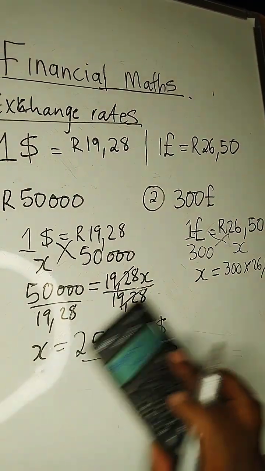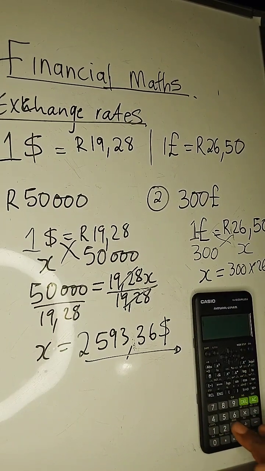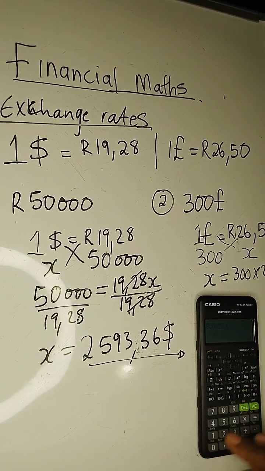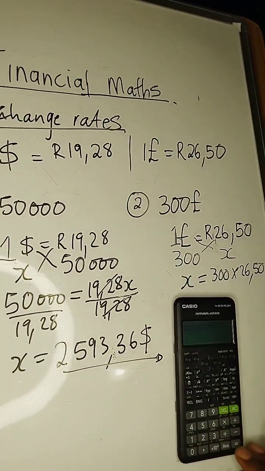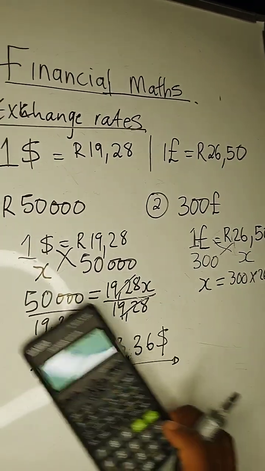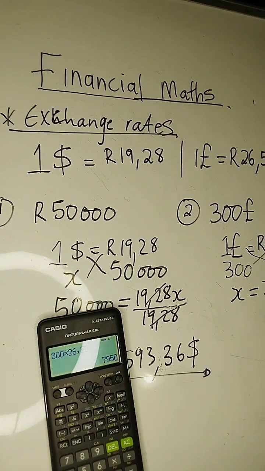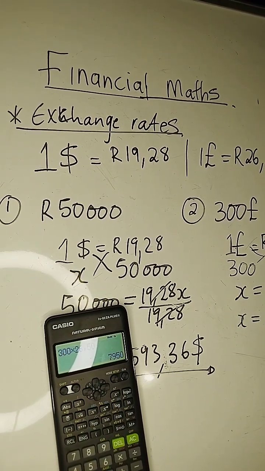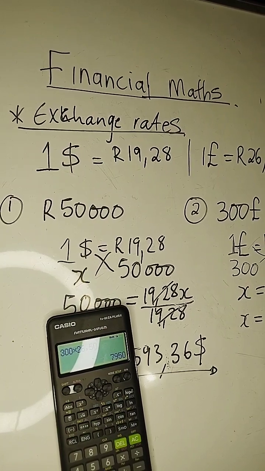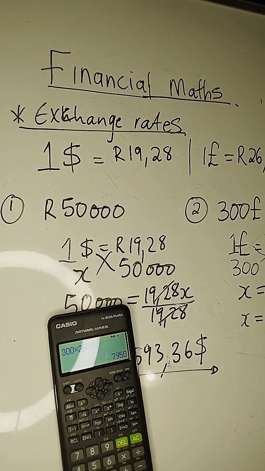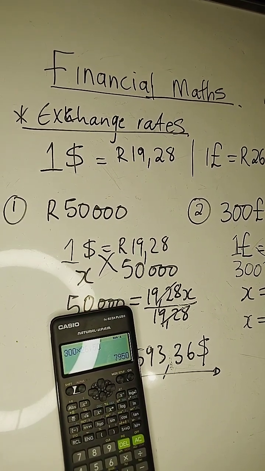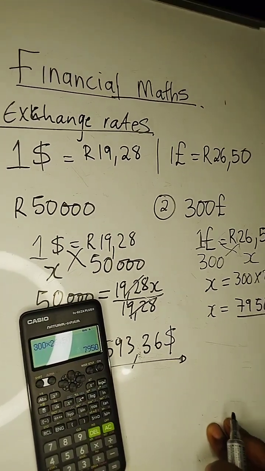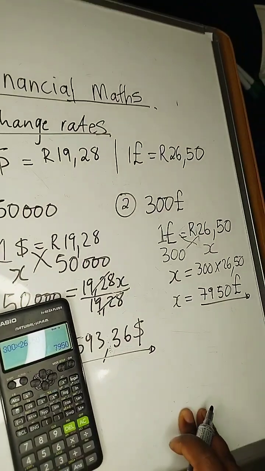Then you go to your calculator, you say 300 multiplied by 26.50. Then you get your answer. Your X is equal to 7,950. This is in rands. So that is how we deal with exchange rates.